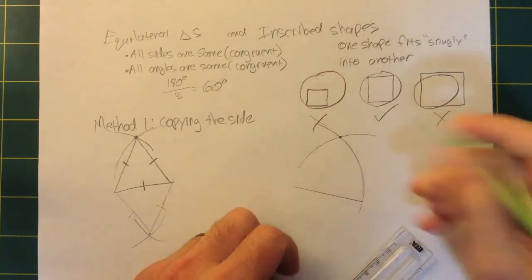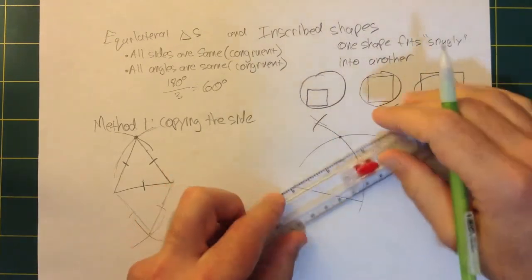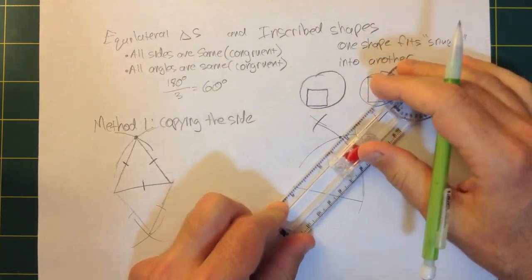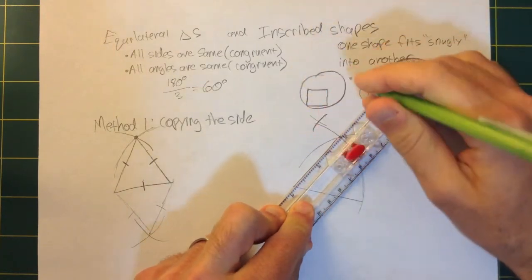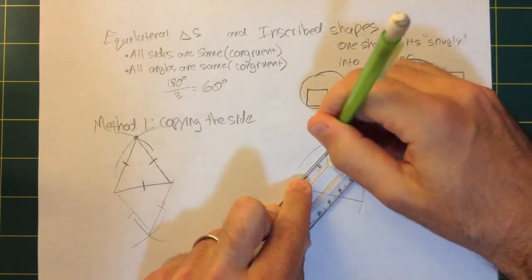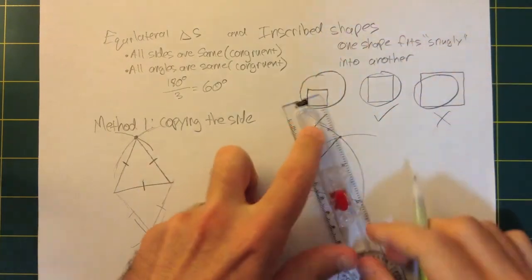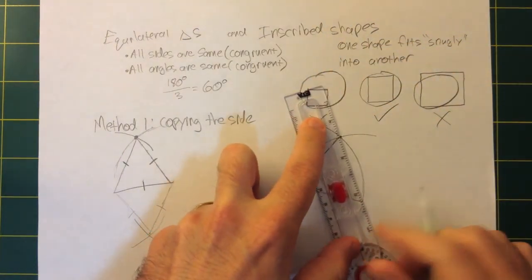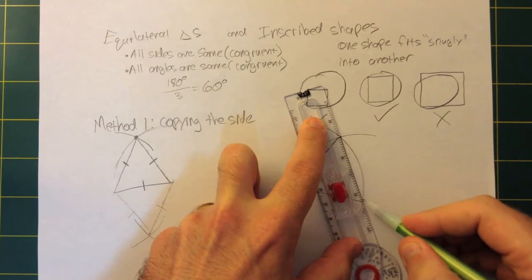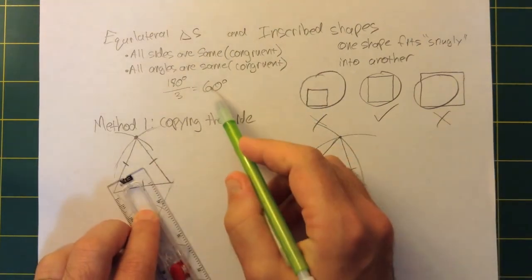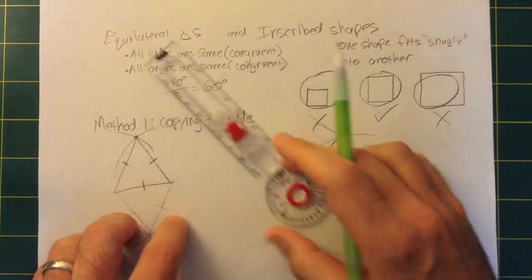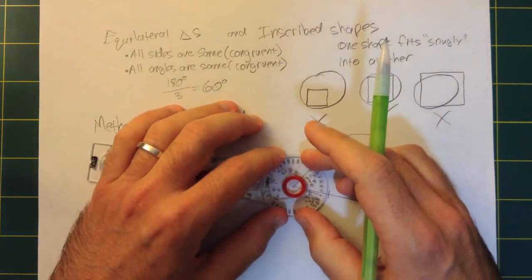That point is important to me. One side, 2 sides, they are all congruent to each other. And we should expect to have 60-degree angles. Let's check that to make sure.